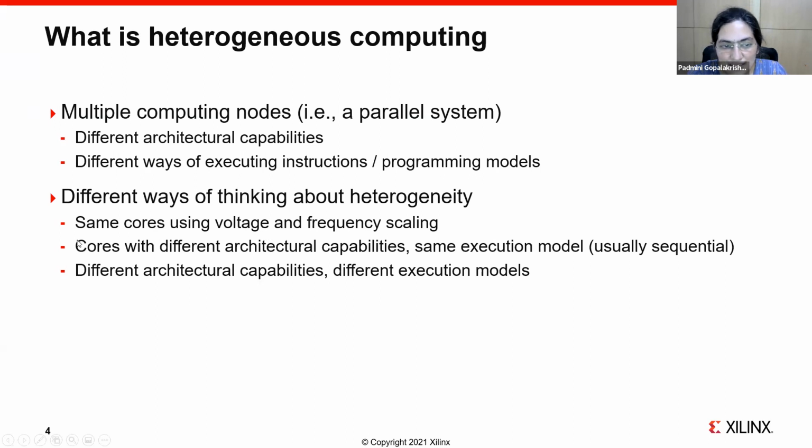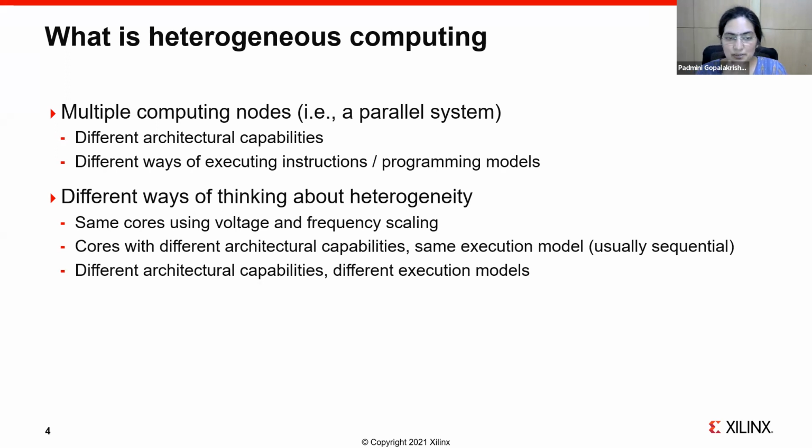And here it is sometimes a little easier to program because the mental model in which you think about execution on these cores is basically similar. The third way, and that is what we are basically going to explore in this course, is where you have heterogeneous nodes with different architectural capabilities as well as different execution models.